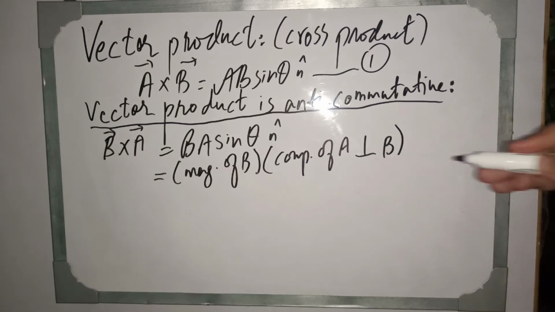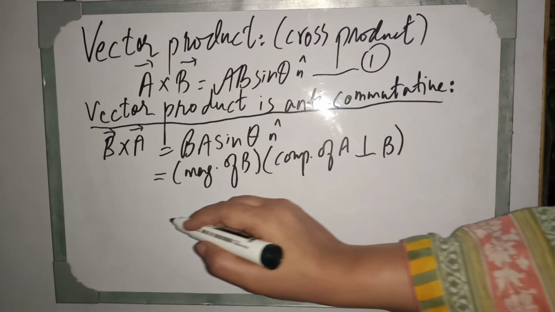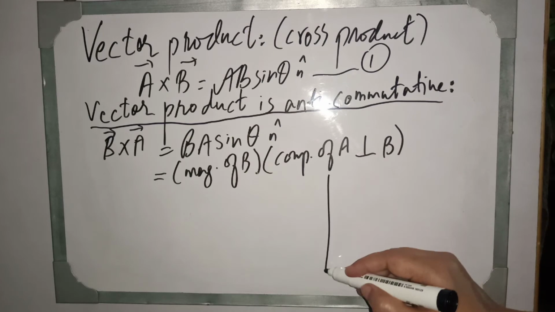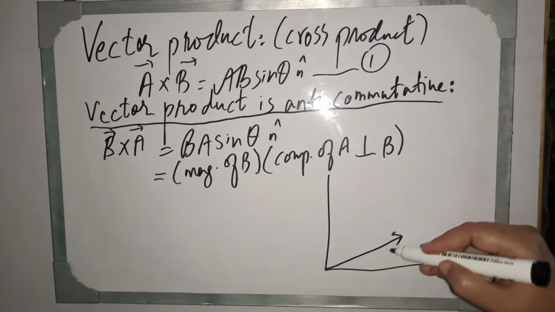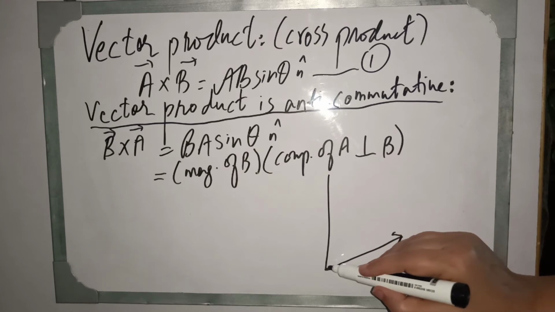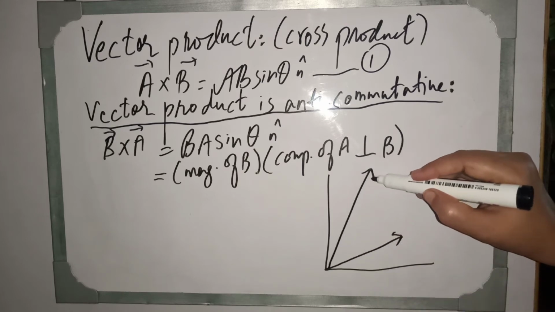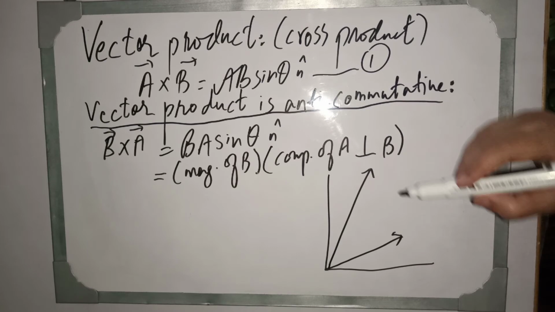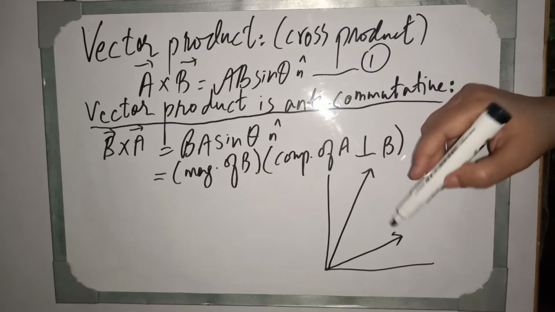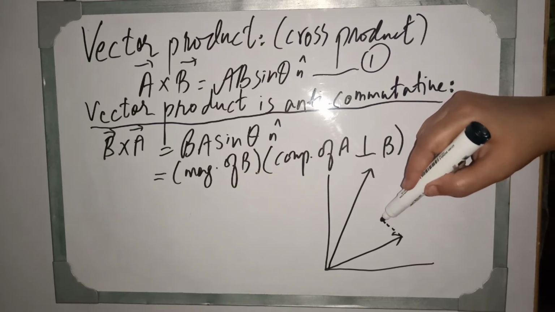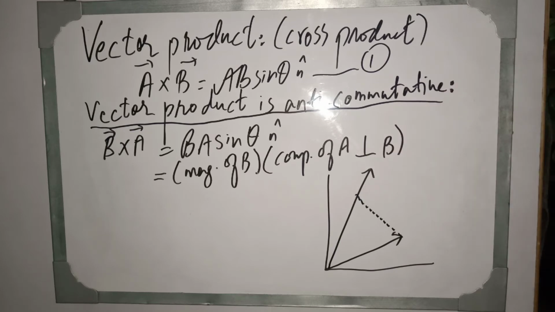Now I will make its diagram to show the component of A perpendicular to B. In this diagram with x and y axes, this is vector A, this one is vector B, and as we have to take the component of A, we will drop the perpendicular from the head of A on the vector B in this way. I have dropped this perpendicular.